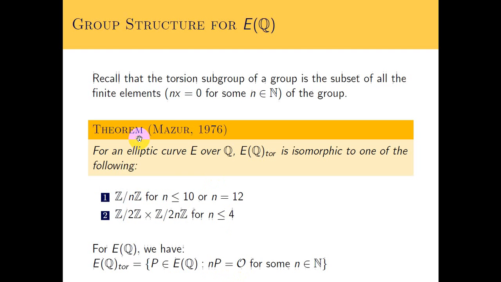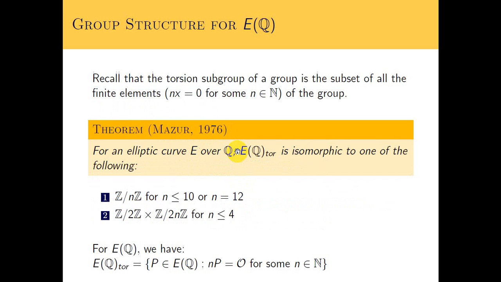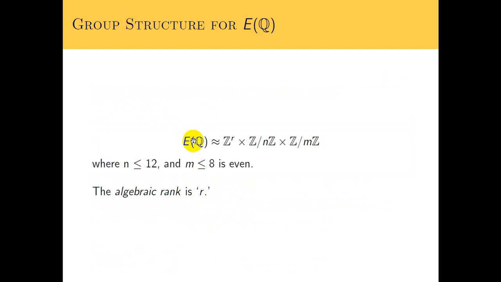So you combine these two theorems that we just learned: the presentation for the torsion subgroup and the fact that every curve is finitely generated. If we have a finitely generated abelian group that always has one of these two torsion subgroups, we can present the form of the group.